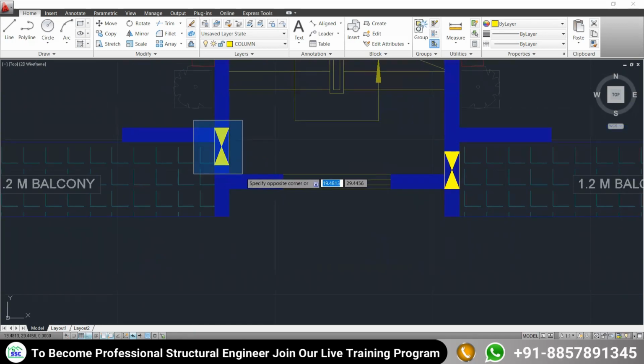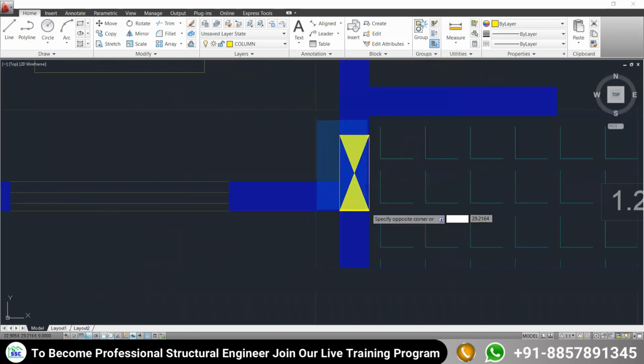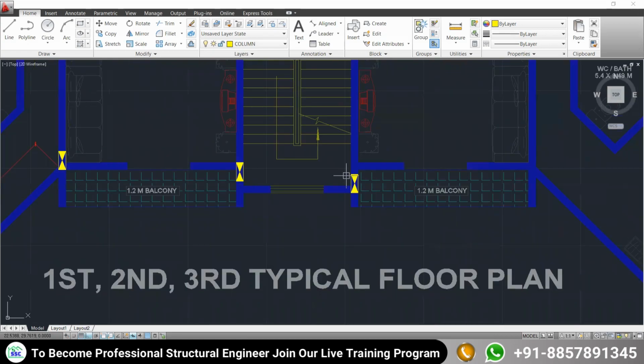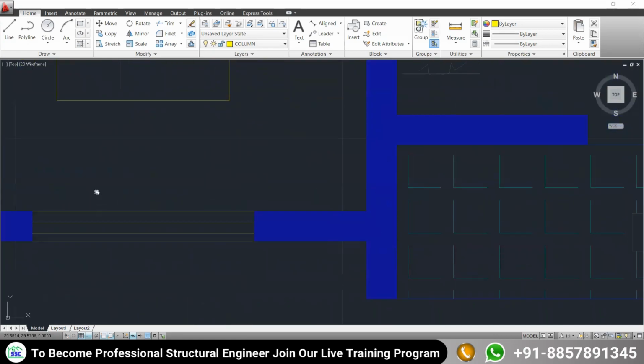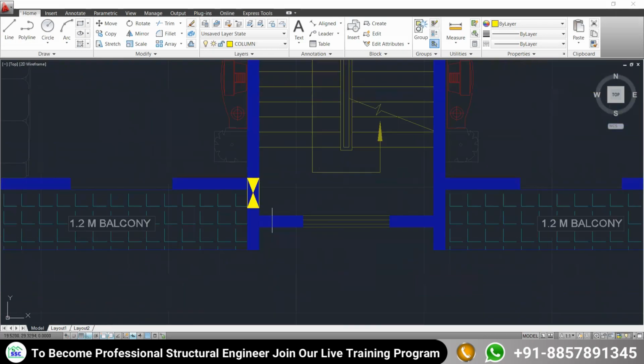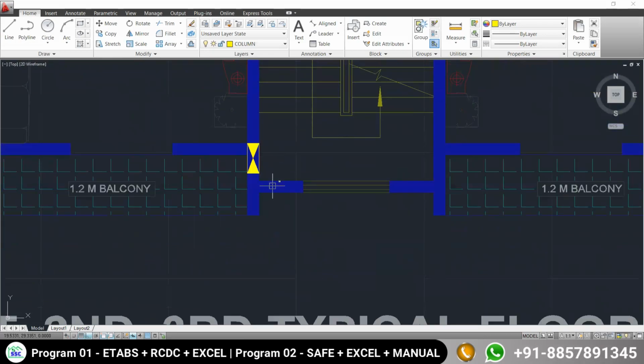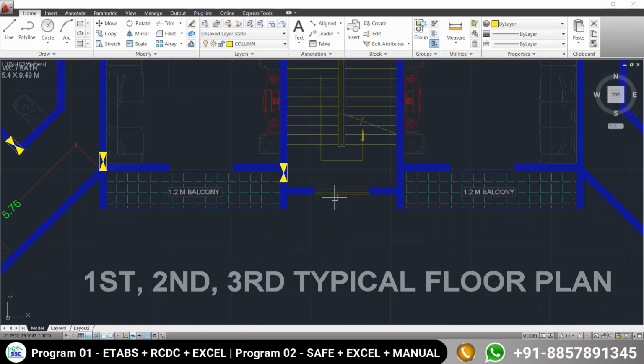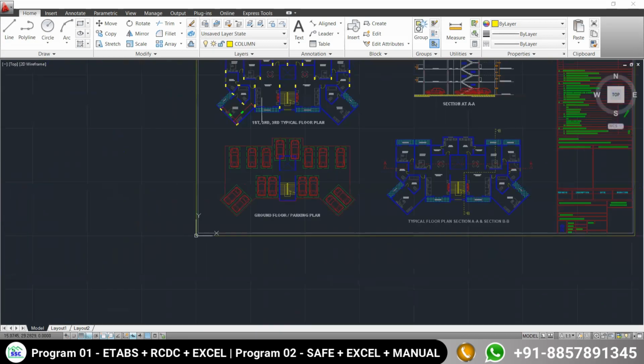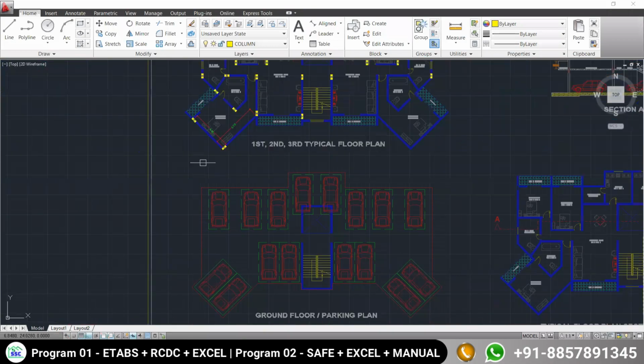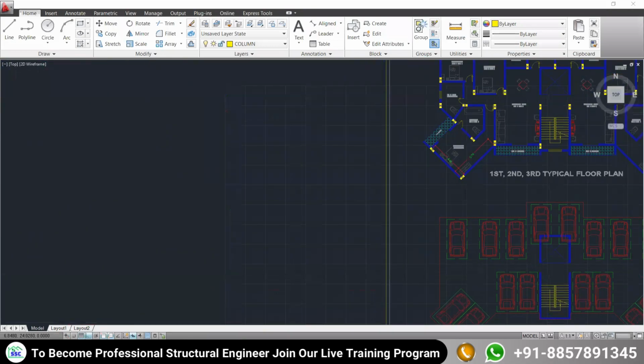Either here you would like to provide or here you would like to provide. Try to understand, if you are taking the column inside, so what will be there? Your beam is not going to rest over your column. For that portion, try to understand, अगर आप यहाँ पर positioning करते हो, so आपका structural framing किस तरीके से होगा? Try to understand for the staircase.